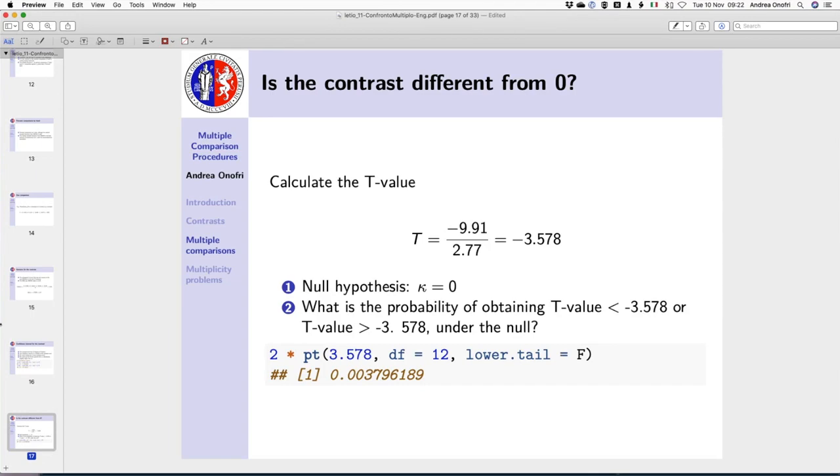We have seen that the confidence limits are negative. So with very high probability, the contrast is different from 0. But we want to take a yes or no decision. So we need to calculate the t-value as we did yesterday.